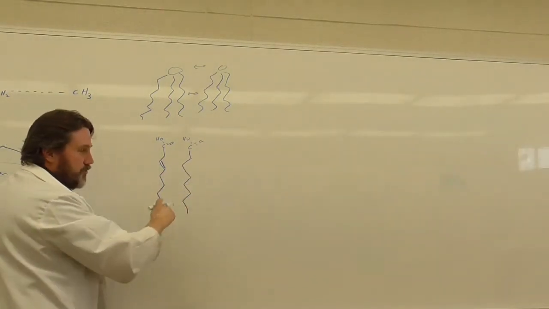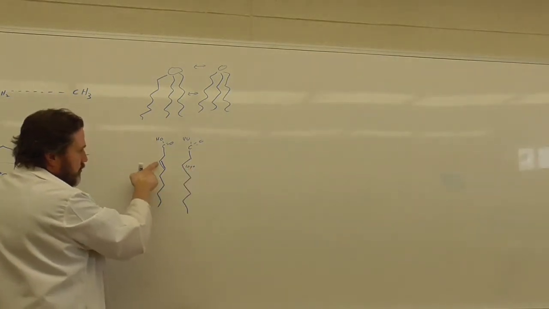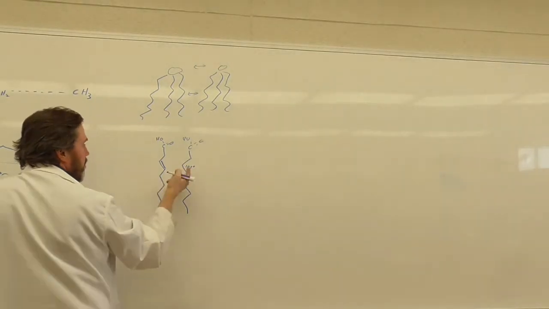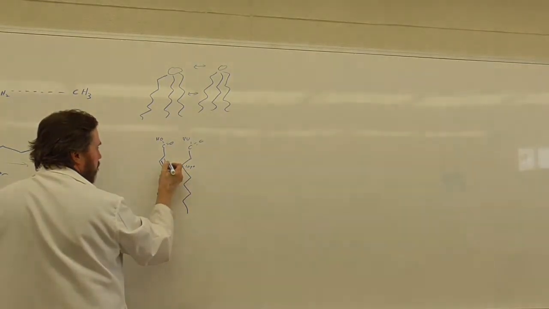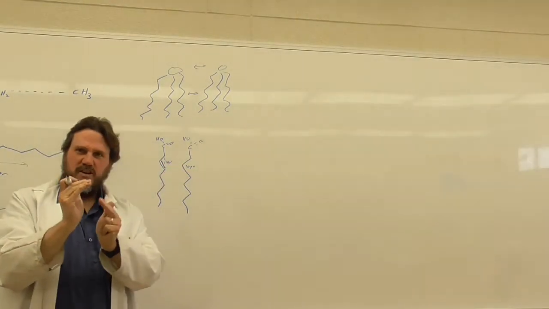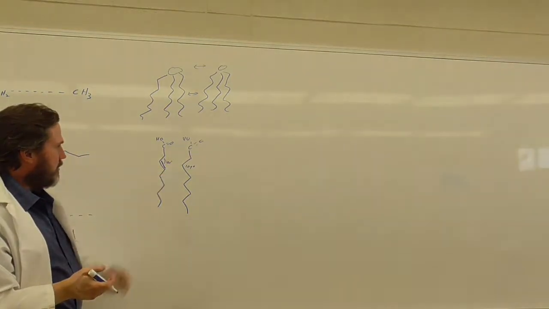These are tetrahedral, so these are 109 degrees, where here this is going to be a trigonal planar arrangement with 120 degrees. Very close, right? As far as packing in next to each other, they're going to still fit very well. That's not a problem. Double bonds, single bonds, it's going to work.